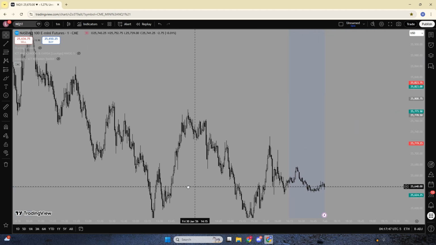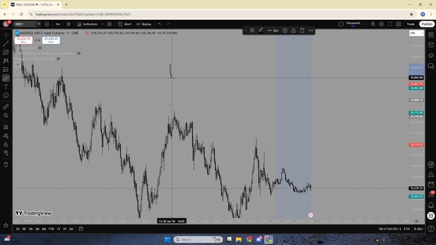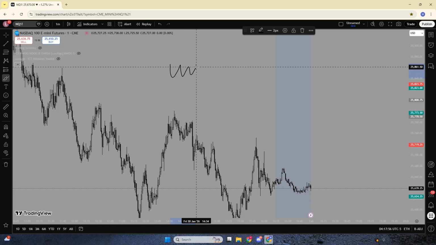Alright, what is a liquidity sweep? There's multiple different ways of liquidity sweep. So first way is, in the first lesson we talked about accumulation, right?